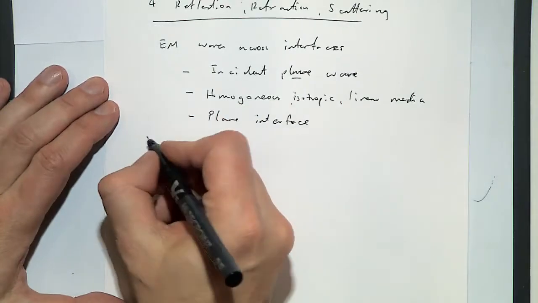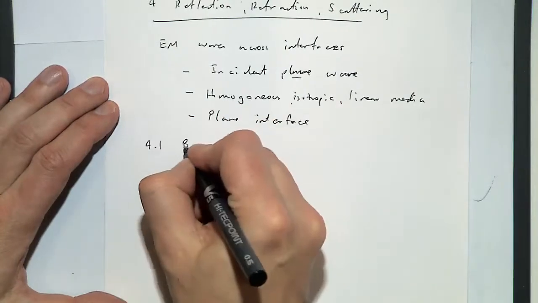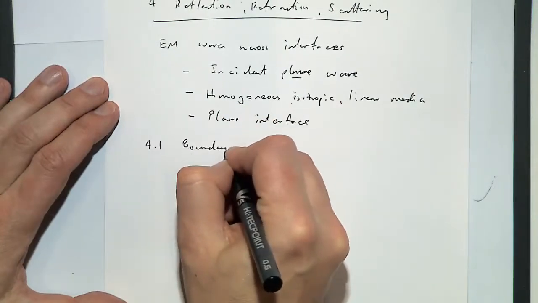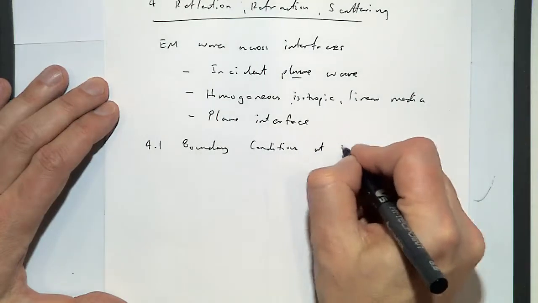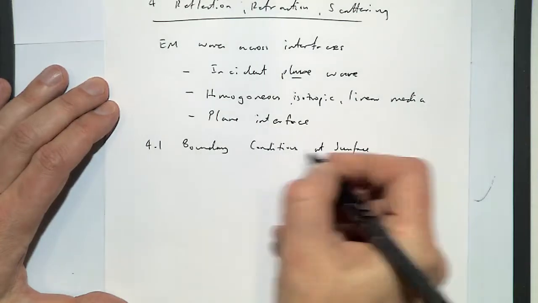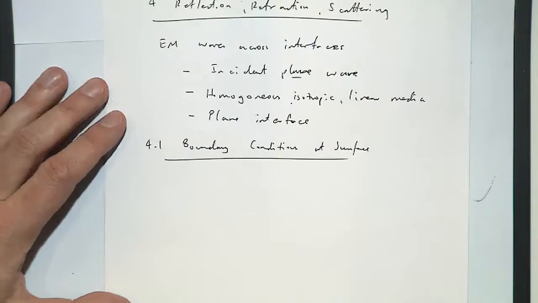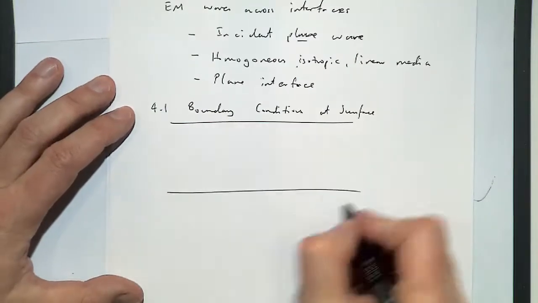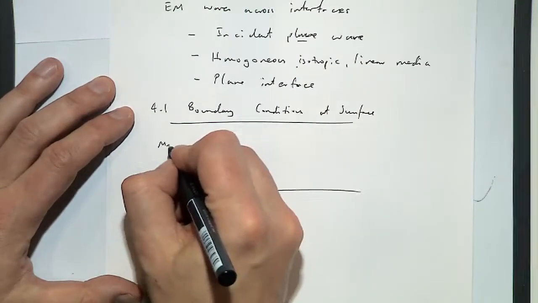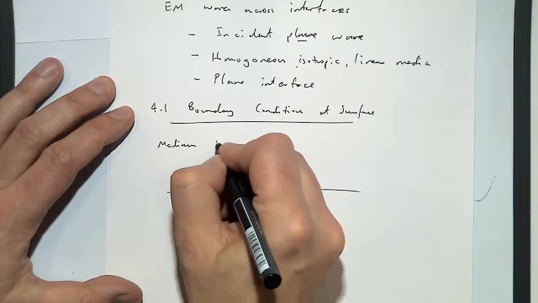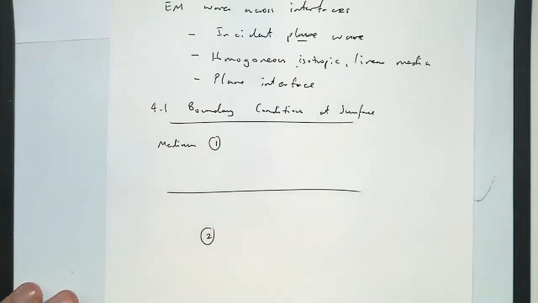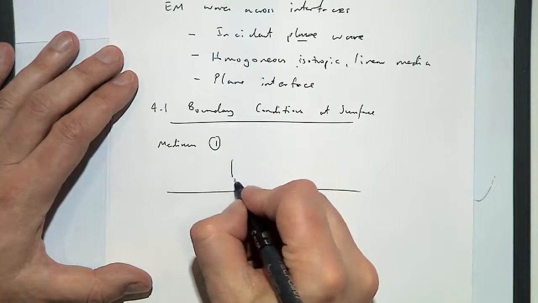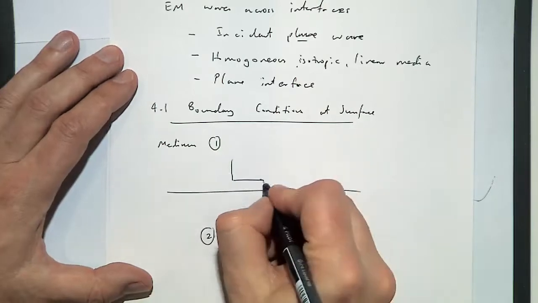So we've seen this stuff before. We need to consider the boundary conditions at that surface. So in this course, we're going to consider medium 1 and medium 2. That's our labelling. Medium 1 and 2 below. If we consider the plane wave coming in, it could be oriented at some angle.